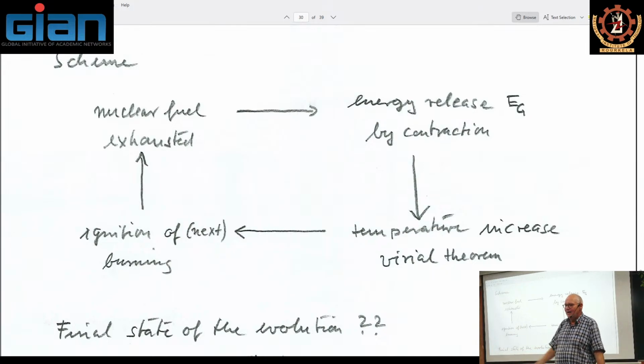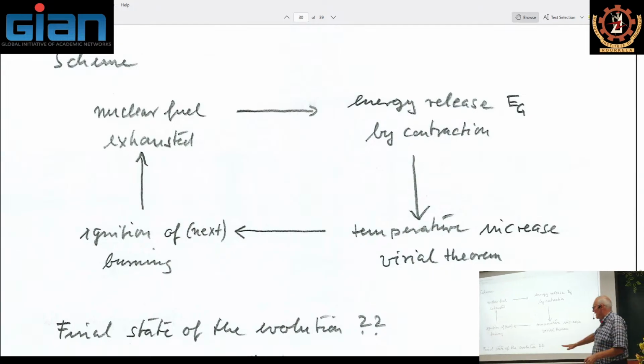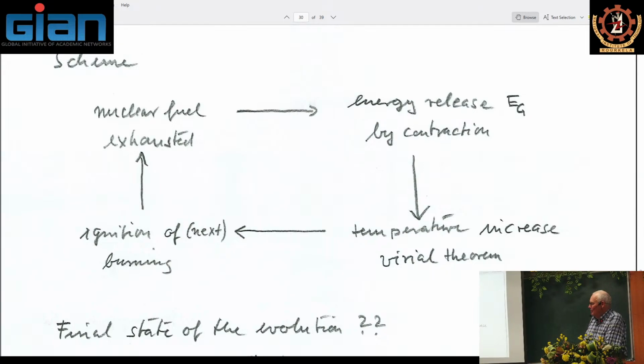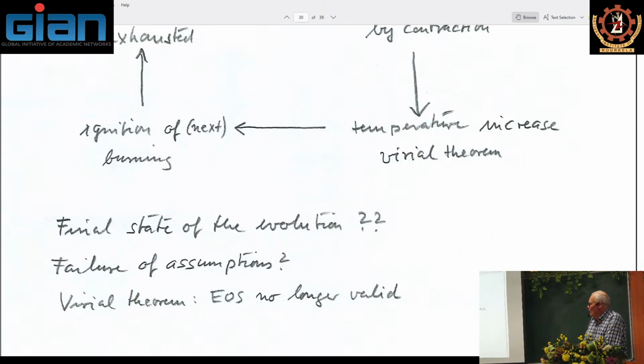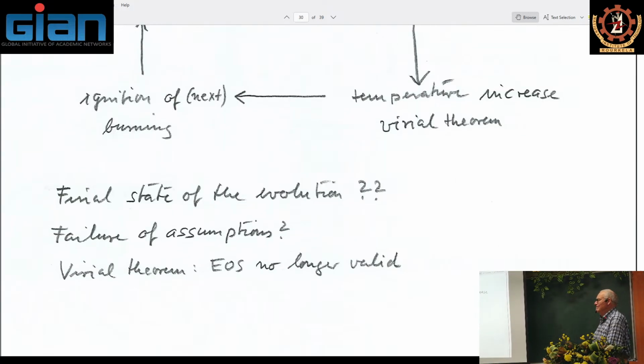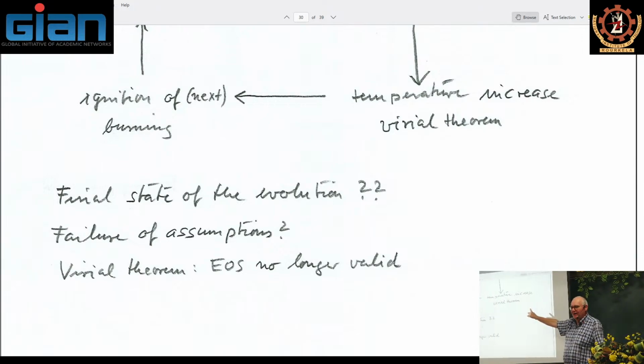Once we have reached iron as the ash of the last burning, then we would always go along this cycle, and we would end up with an infinite temperature as the final state of this evolution. Well, actually it doesn't take place, and what is the physical reason for the fact that the cycle does not go on forever and we do not reach infinite temperature?